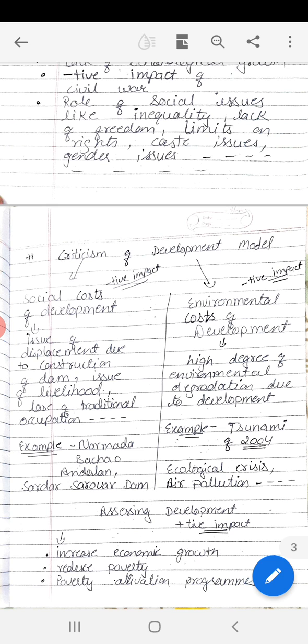Now the next topic is ascending development, the positive side or the positive impact of development. Development also has a positive side. Some countries have had some success in increasing their rate of economic growth and even in reducing poverty. They have better living conditions.